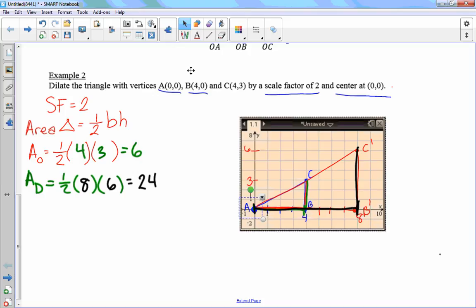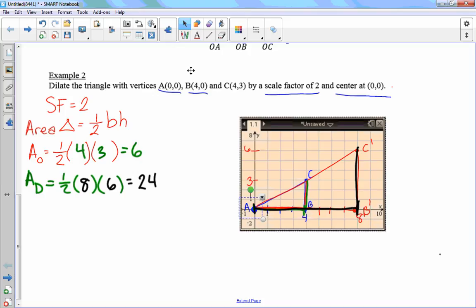6 times 2 is about 24? No, that's the area. It quadrupled because we're doubling the length and we're doubling the width. We're doubling it in 2 directions. And once we get area, everything's squared.